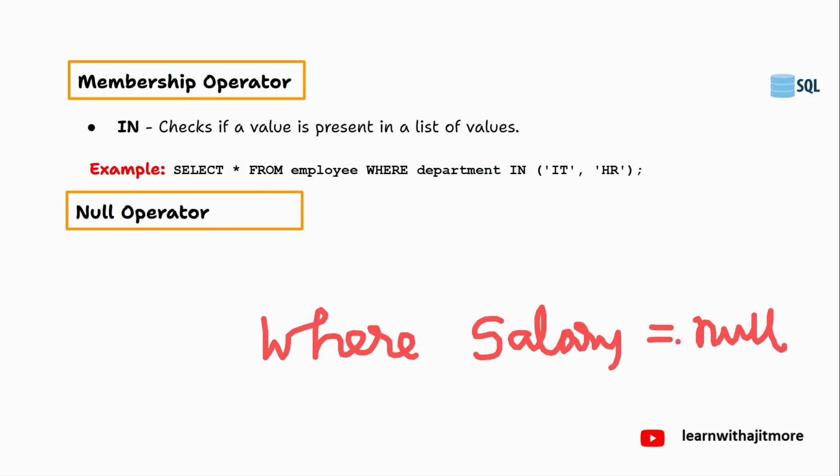It is unknown. According to MySQL, null equal to null is also unknown. Means you cannot compare null with null. So how to compare it? Instead of the equal to operator, you have to use the IS keyword. Means you're checking whether salary is null.